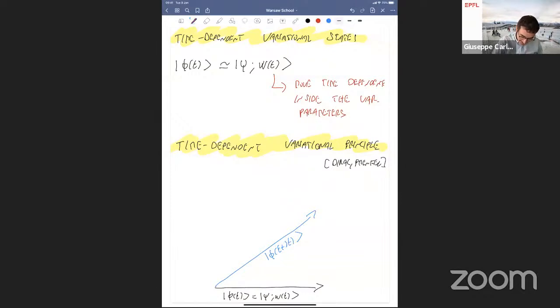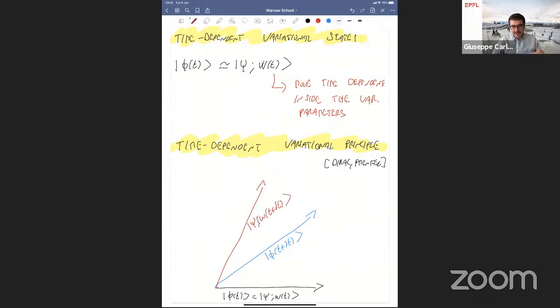But on the other hand, since I'm giving a time dependency to the variational parameters, I have another vector, which corresponds to my psi with weights w of t plus delta t.